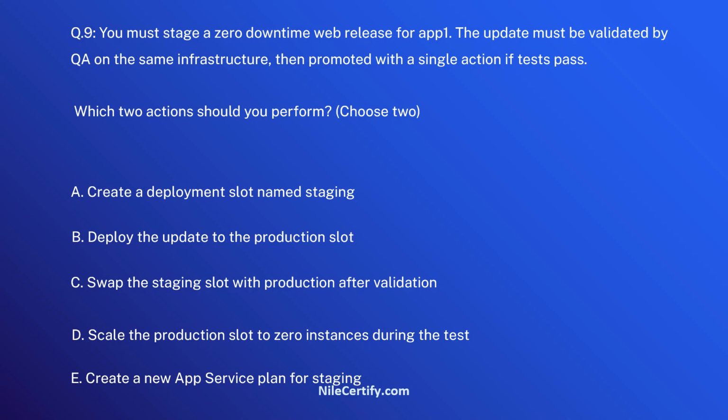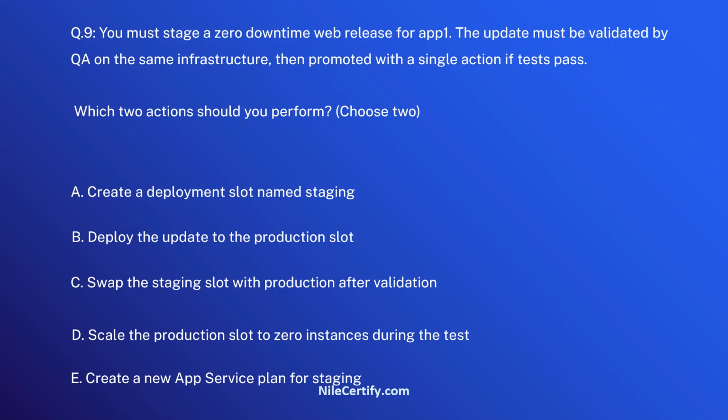A. Create a deployment slot named staging. B. Deploy the update to the production slot. C. Swap the staging slot with production after validation. D. Scale the production slot to 0 instances during the test. E. Create a new app service plan for staging.